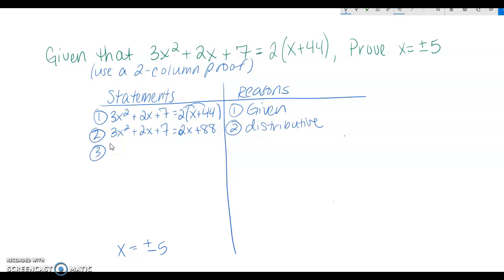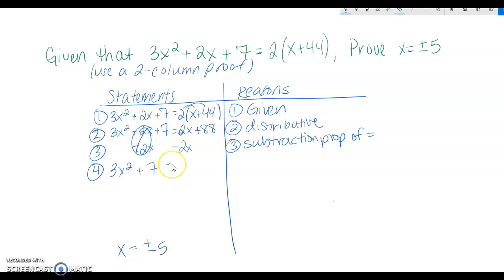And then we can look and see what else we can do here. So we're going to take the x terms here, because we can't combine an x squared and an x, so we want to try to get this x squared by itself. If you subtract 2x off of both sides, that's going to be the subtraction property of equality. That will leave us with 3x squared plus 7 is equal to 88.